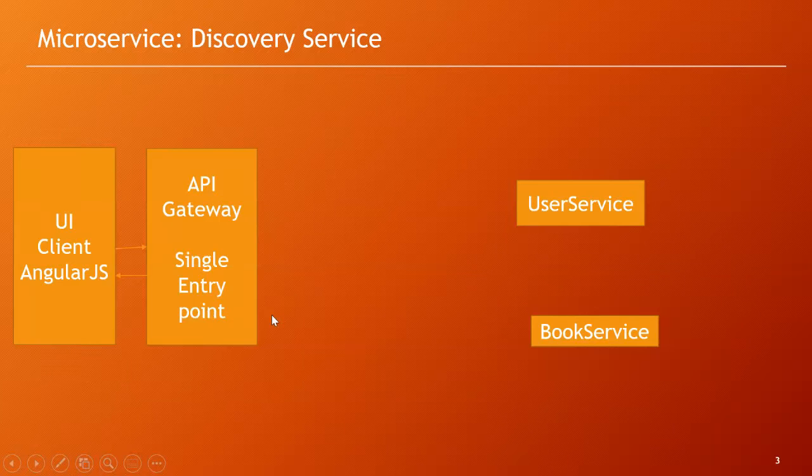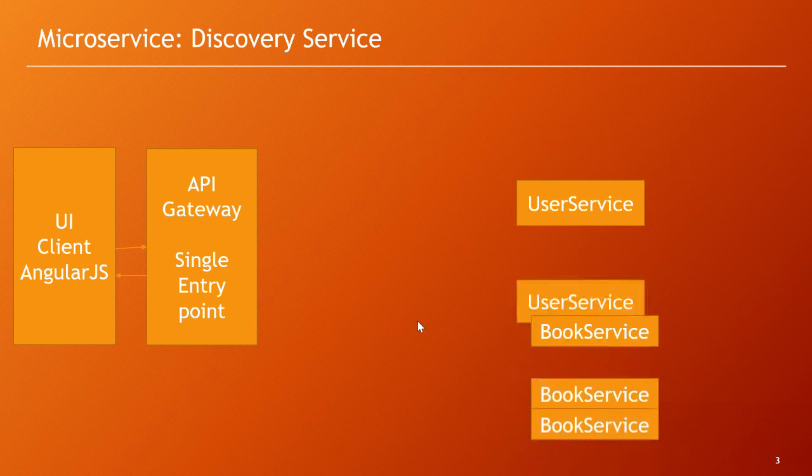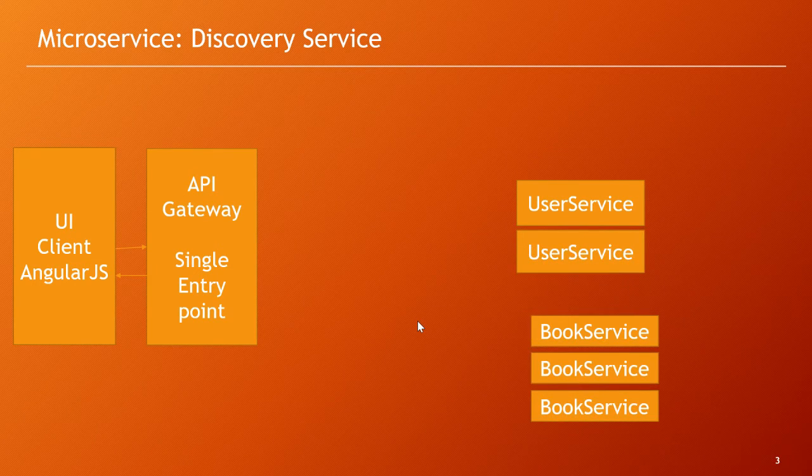So the UI application, or the API gateway, can hard code the IP address of this machine. But in case of demand increase of the application or the number of users increases, the requests to the services also grow. In that case, we need to add more user services and more book services, so that the load can be balanced, so that the application can take the load of whatever requests are coming.